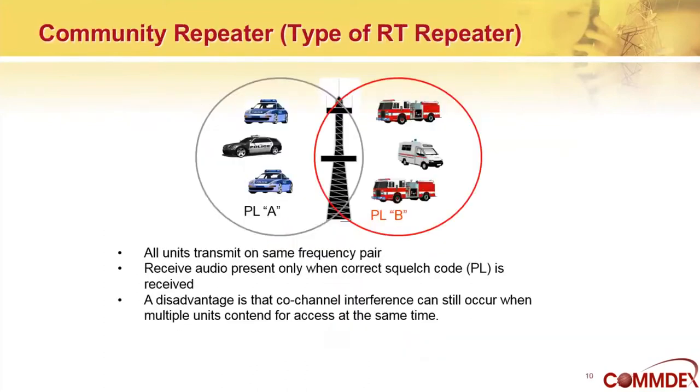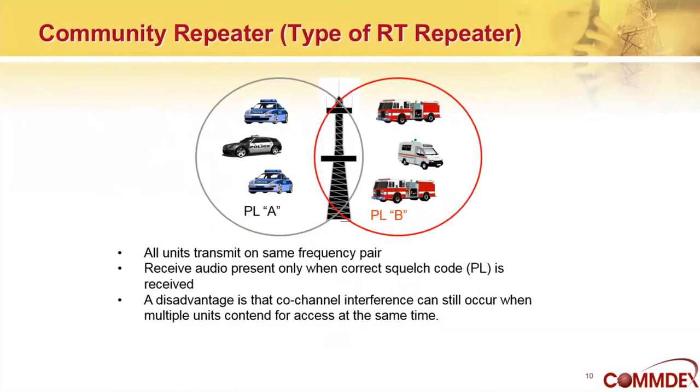Sometimes we have to share a repeater with several user groups. And a repeater that serves several groups of users is commonly called a community repeater. It's a type of repeater that employs several of these PL codes that pass through it.